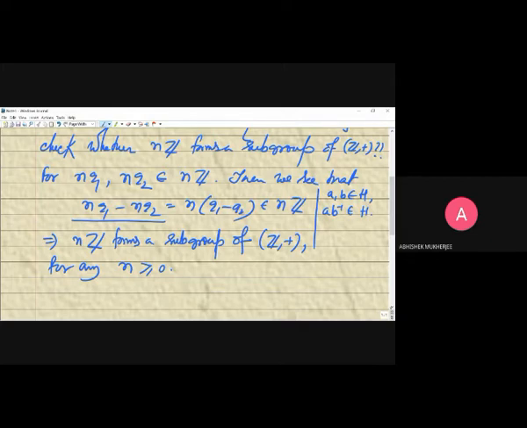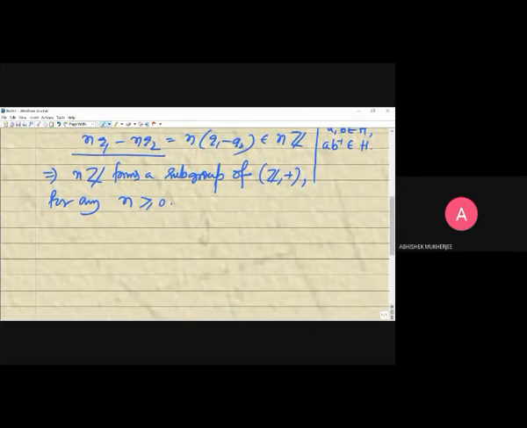Now the question is, does there exist any other subgroup apart from these subgroups in Z plus? Can you show any subgroup except these ones?